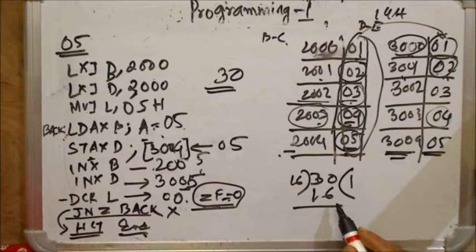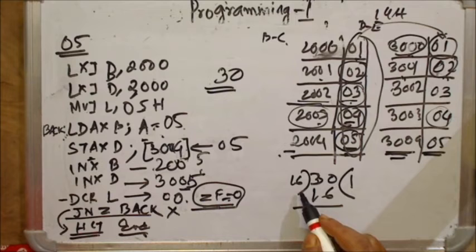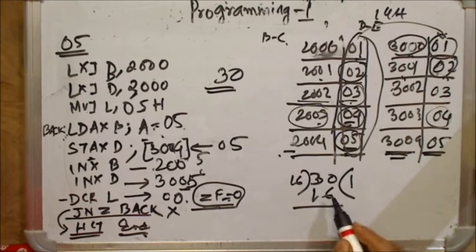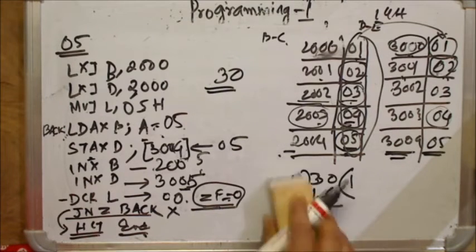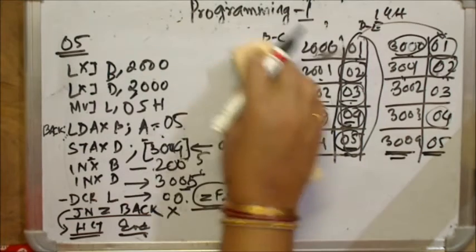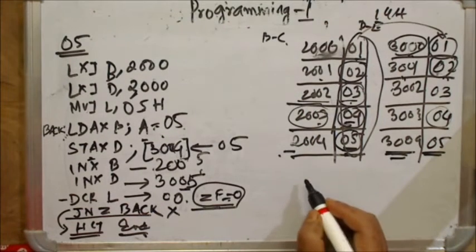Sorry, 30 in decimal, 30 bytes in hexadecimal is 1E.